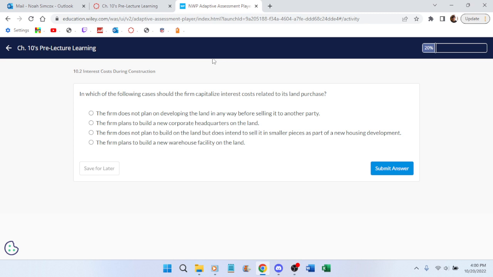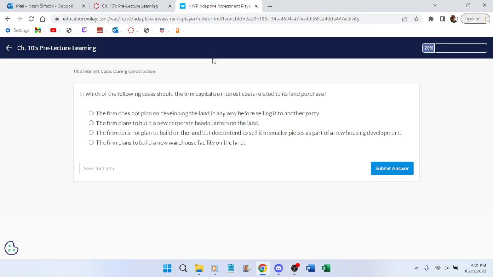It's basically when the land is being developed. Oh, what? Come on. There's two things.